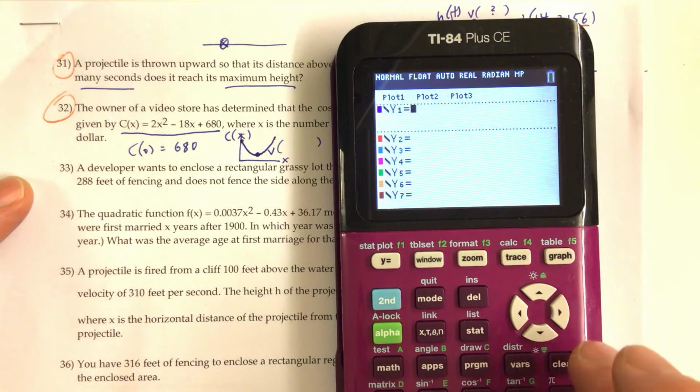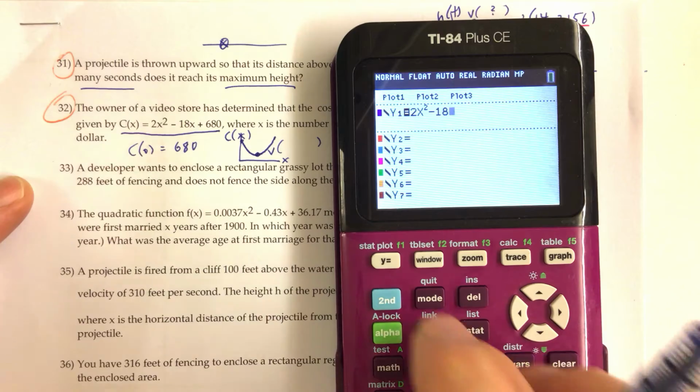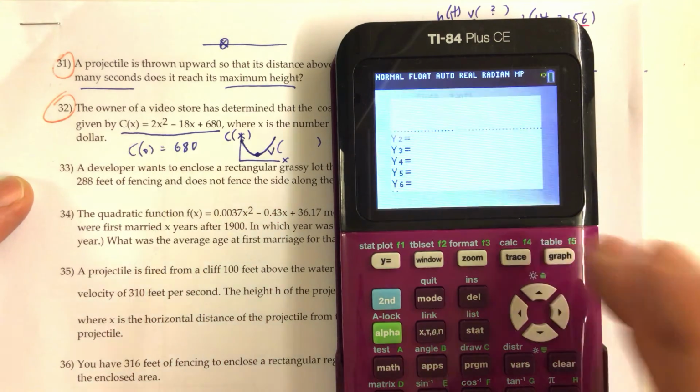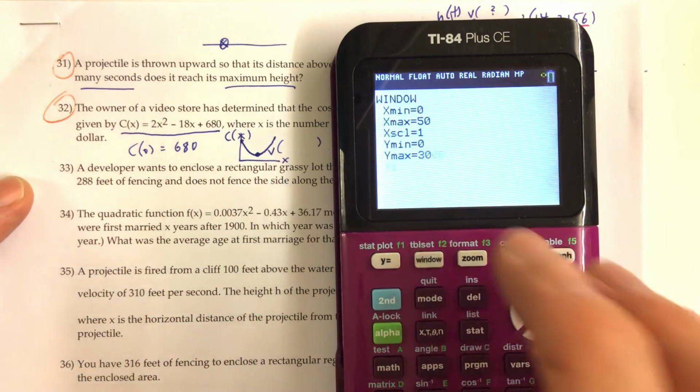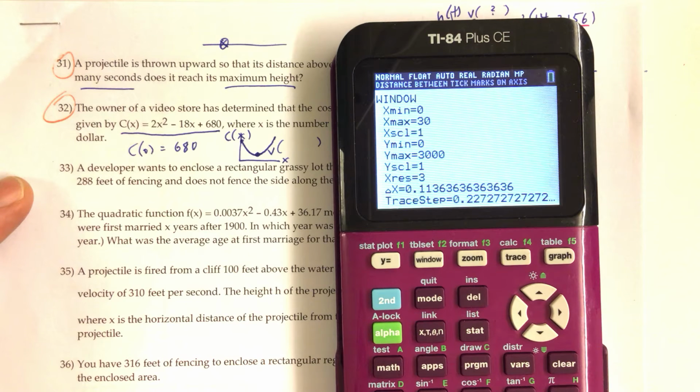So now we type in 2x squared minus 18x plus 680, and we just look at the graph. It looks like we can adjust that x max to 30, and then the y max, we don't need it so high, maybe 1000.